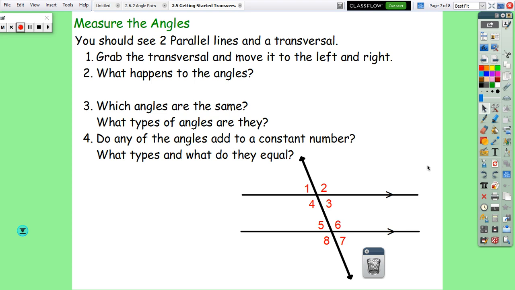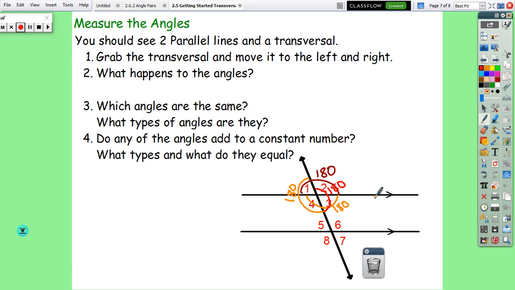So again, I'm not going to measure these angles, but what you should notice is that these two angles right here add to 180. These two angles here add to 180. These two angles here add to 180. These two angles here add to 180. And that makes sense because they're all lying along a straight line. They're straight angles, so they have to add up to 180 degrees.